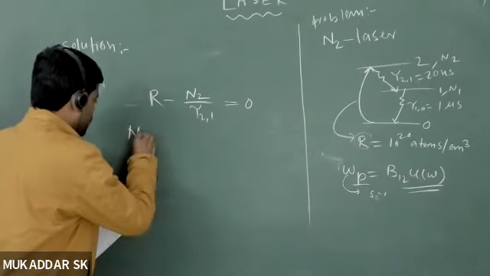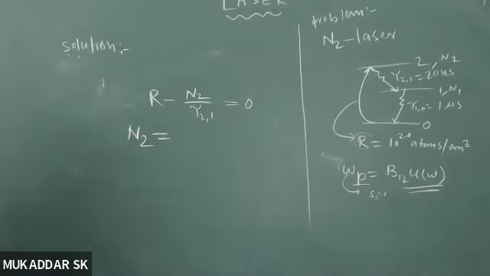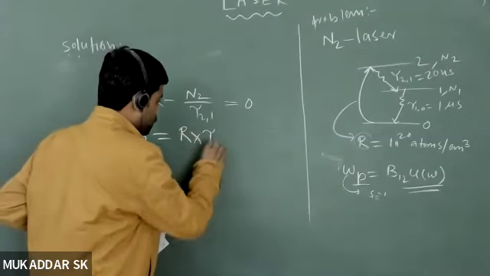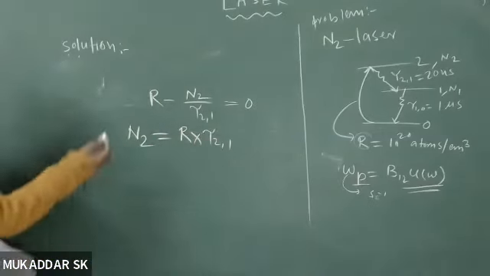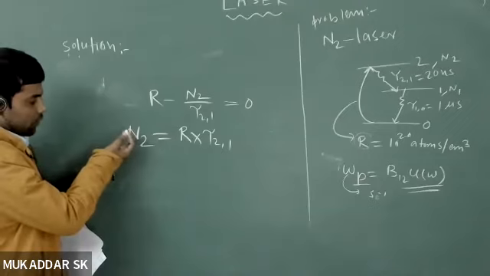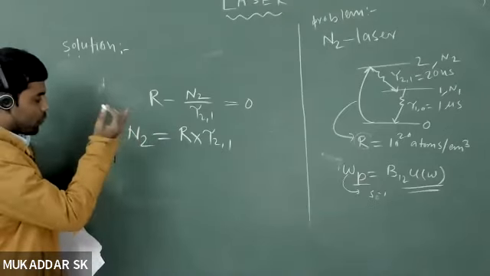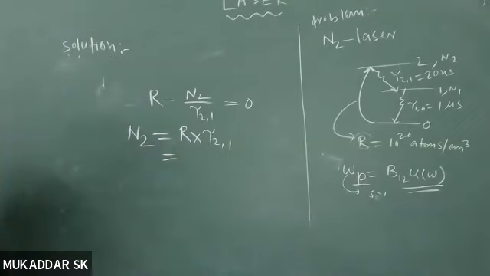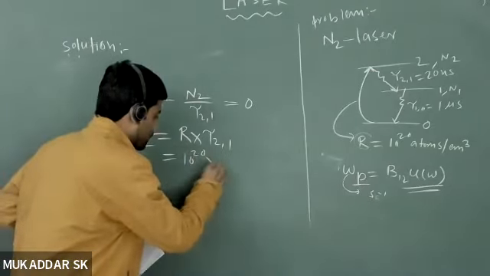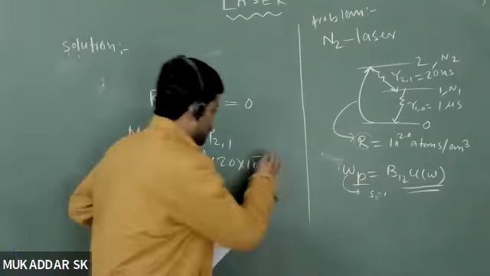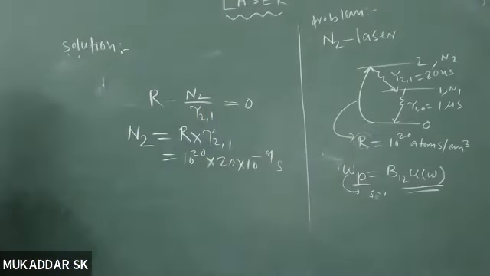It means the population at level 2 at thermal equilibrium equals the pumping rate times tau of 2. Actually, what we call N2 is not the population, it is actually the population density. So if I substitute, the R value is 10 to the power 20, and tau 2 is 20 times 10 to the power minus 9 seconds.